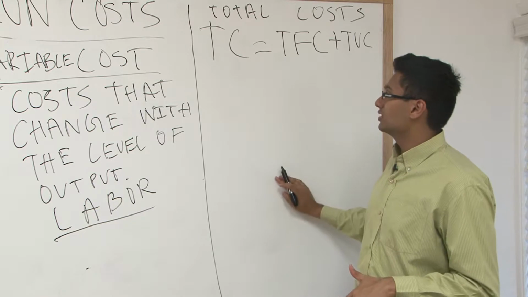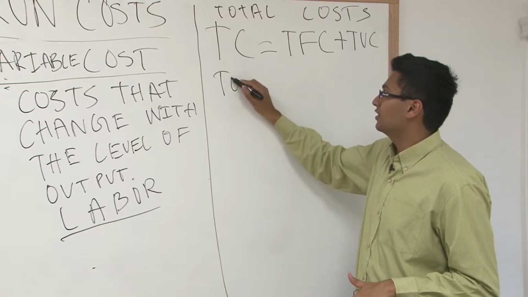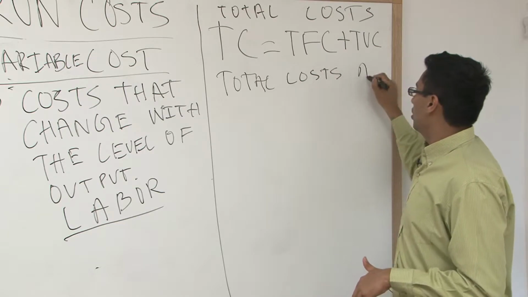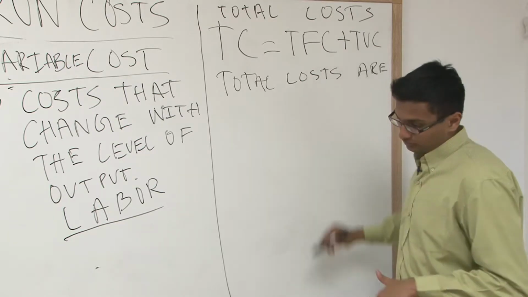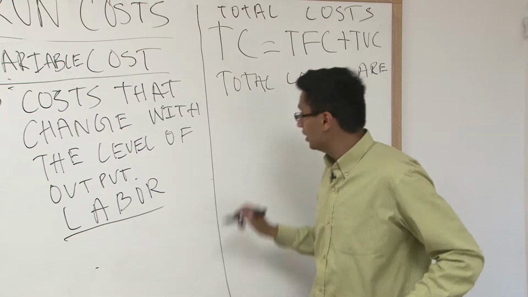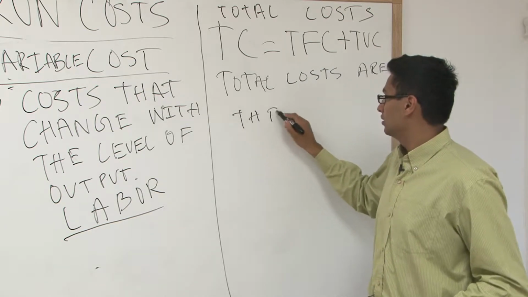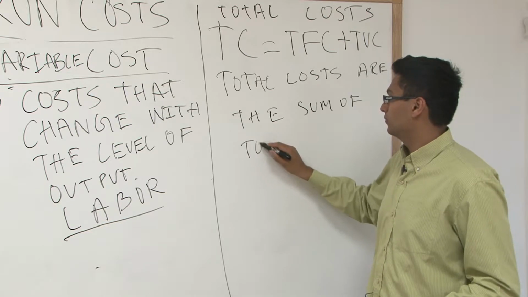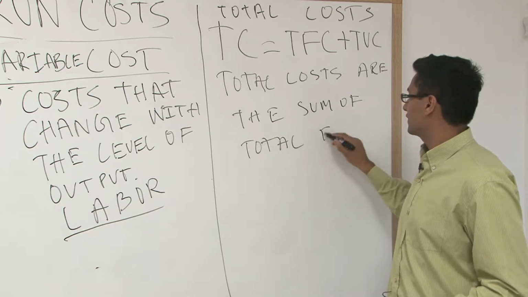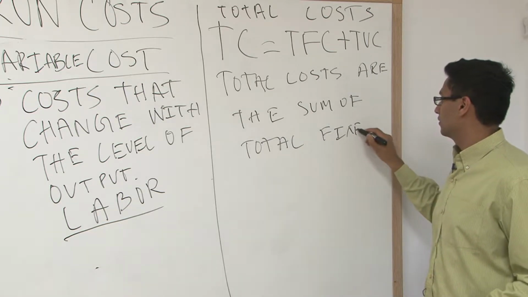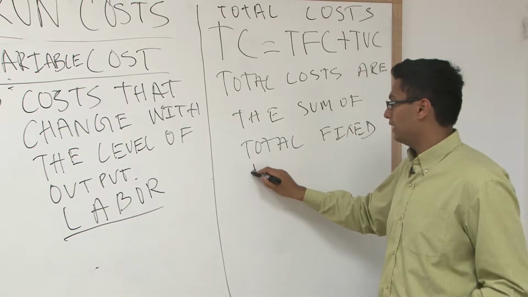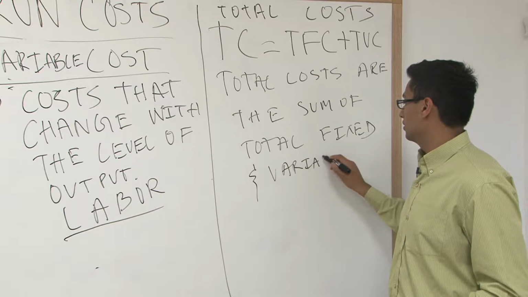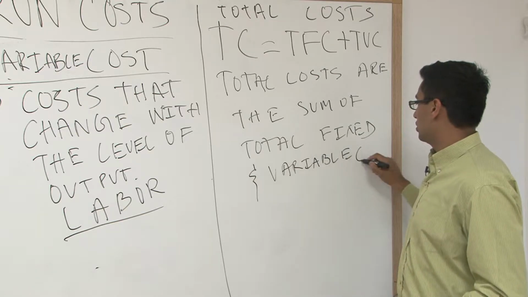Now, definition-wise, total costs are the sum of total fixed and variable costs.